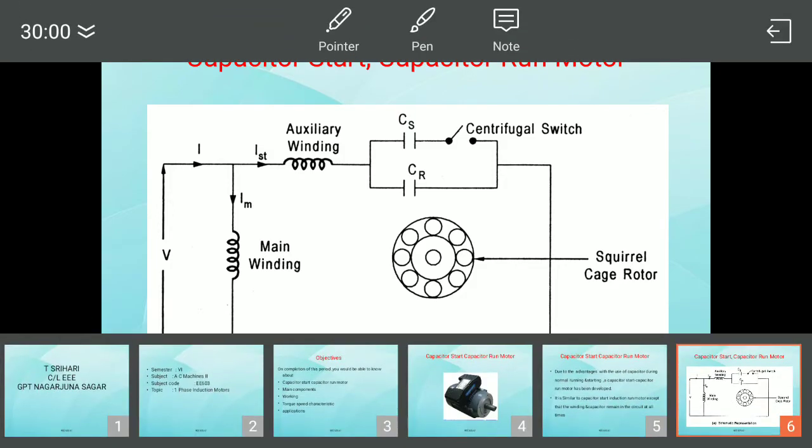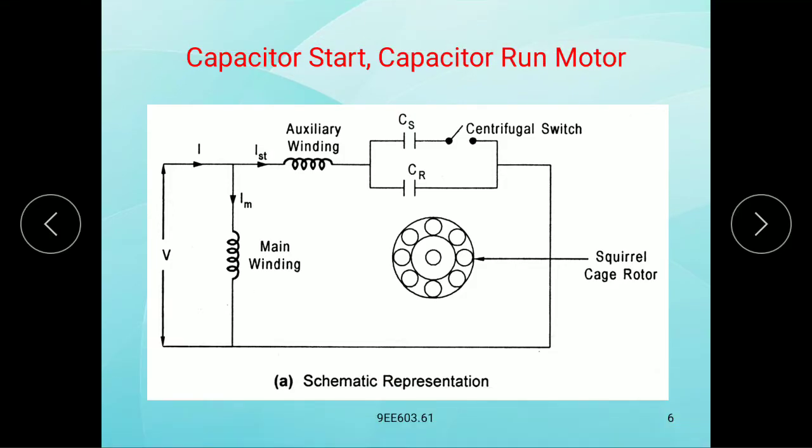Here, this shows that CS is the starting capacitor, in series with which the centrifugal switch is connected, and this is the running capacitor.